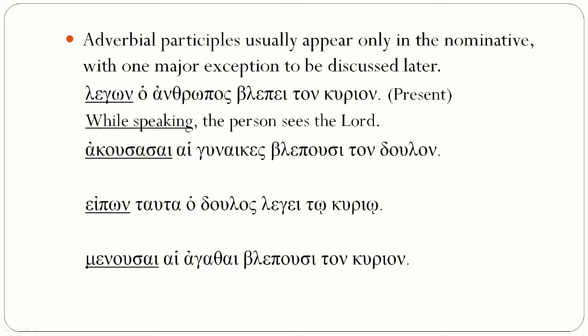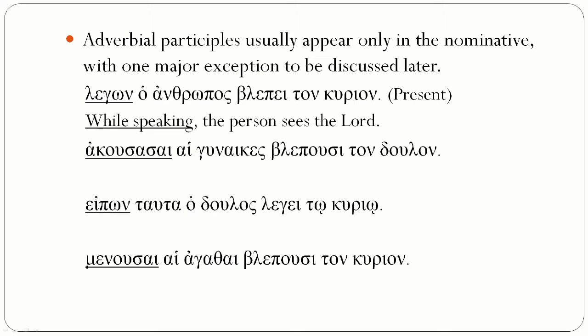Moving on to the second sentence now. Akousasai hai gunaikes blepousin ton doulon. The main sentence here is hai gunaikes blepousin ton doulon. Hai gunaikes, that is a third declension noun found in chapter 17, and this is a nominative plural. If you need to review the form, go back to chapter 17.